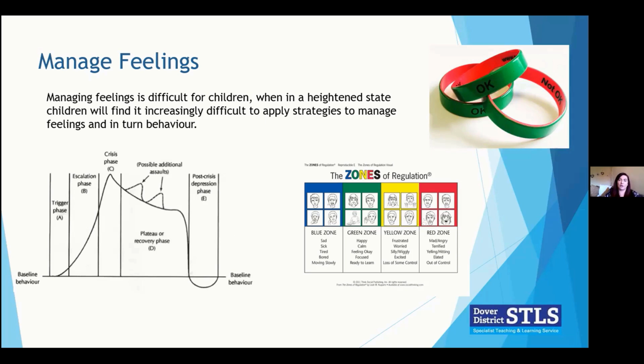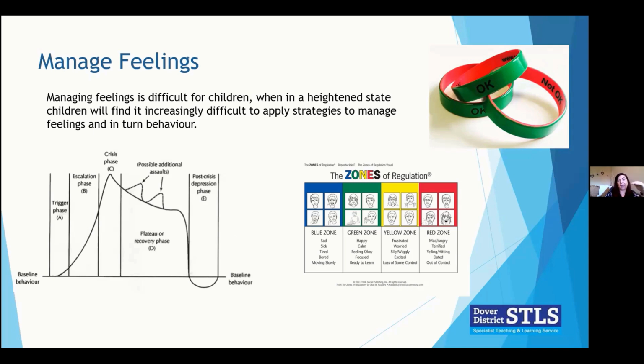Also remember to enable the children to regulate effectively. If adults try and restore too soon, the child may be re-triggered and behaviours will escalate again. There's a graph on the slide that shows this: you've got your baseline behaviour, you have the trigger, it escalates and you reach crisis phase.